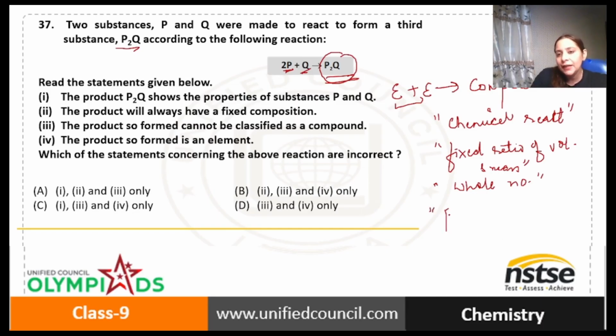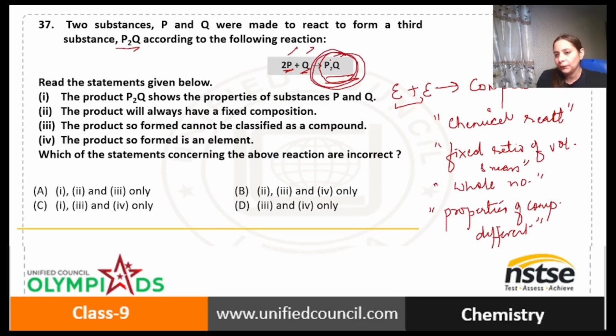So the properties of compounds are entirely different or independent of the nature of the elements that combine to form the compound. These elements do not hold their identity in the compound. Because it involves a chemical reaction, it is a chemical change, so obviously energy changes also take place. These are a few characteristics of a compound.